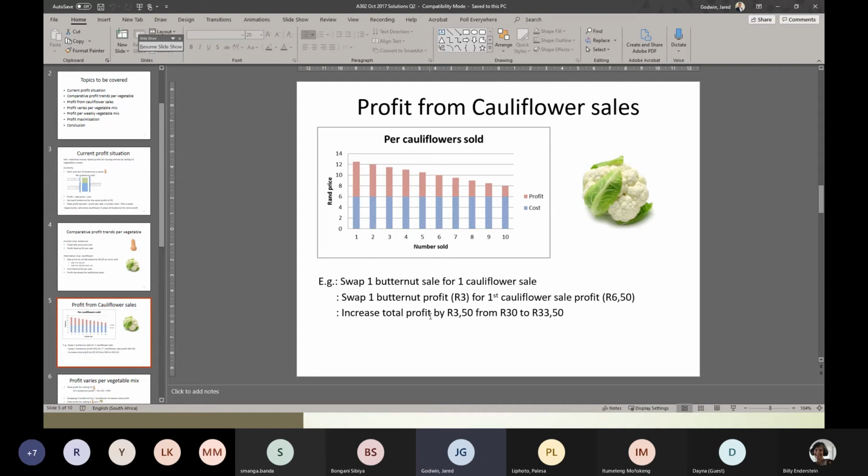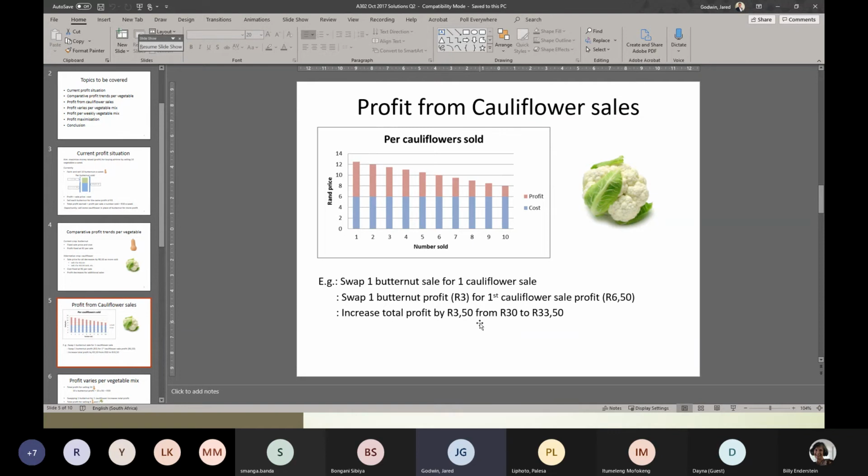So they talk about what it would mean if you swap the first butternut, how much more profit you would get from that first butternut. So that's quite important. And you could see that the first butternut gives you R3 profit.